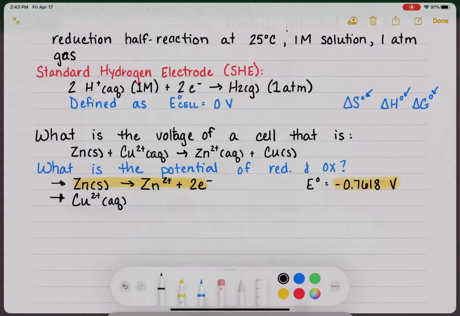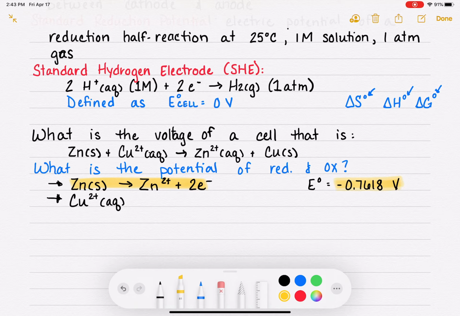Let's go look at our reaction. What are we actually making? We're making copper, not copper plus. So that's going to tell us which half reaction we need to use. We want not this one. This is going to be the correct reaction for us.